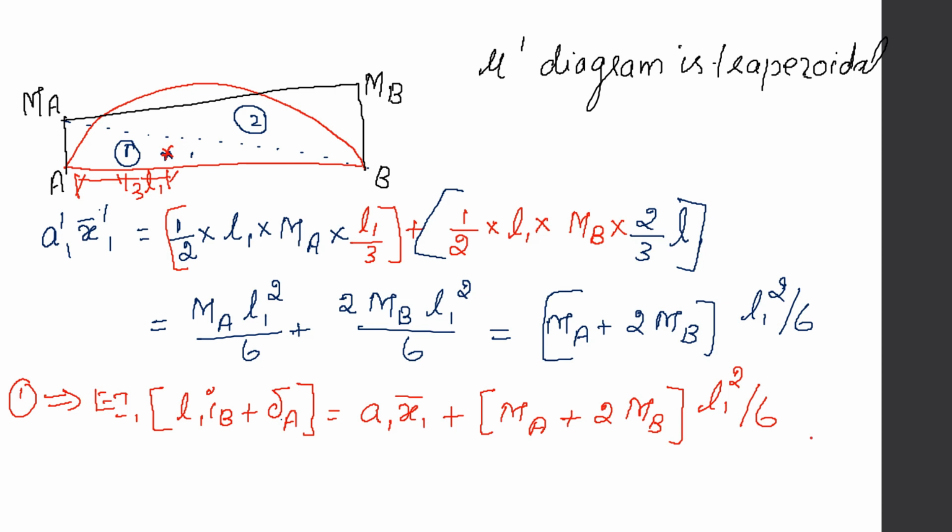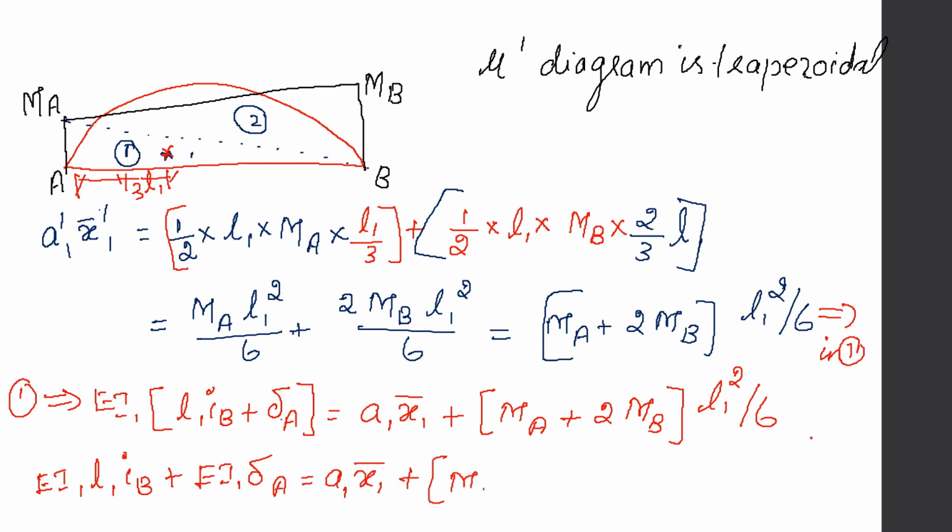We are substituting this in 1. Now this is nothing but EI1 L1 into IB plus EI1 into delta A is equal to A1 x1 bar plus MA plus 2 MB into L1 square by 6.